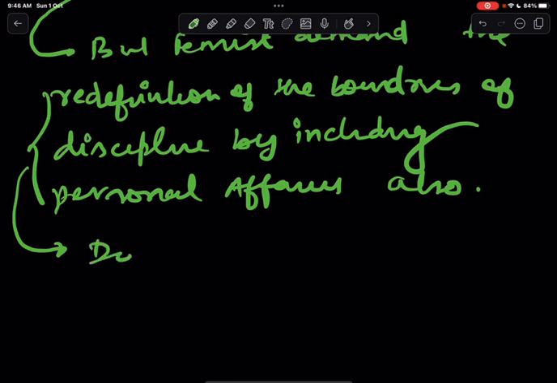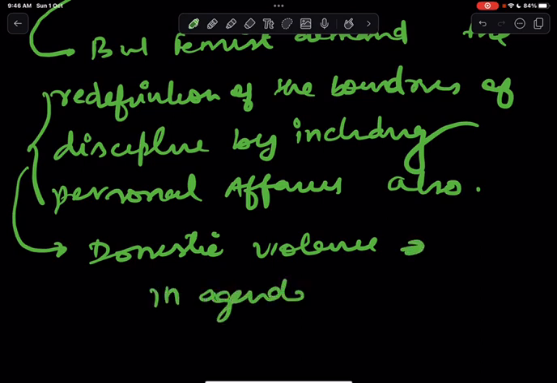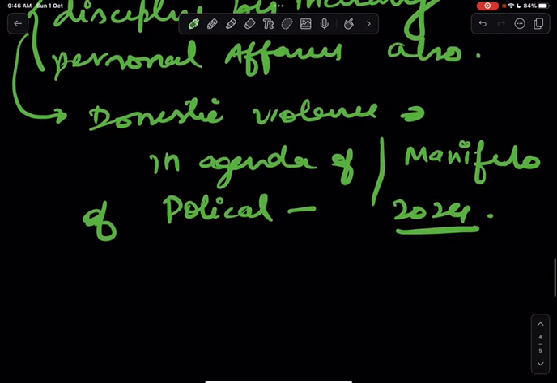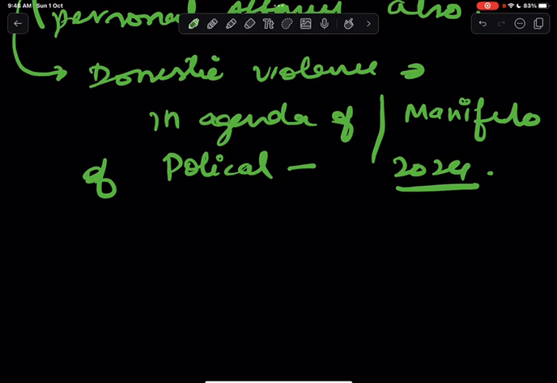Say there is domestic violence, and if it is in the agenda or in the manifesto of political parties contesting elections in 2024, if it becomes an issue that we will make a law, or we will do something on marital rape, on domestic violence, on the divorce that is happening, now the debate has started.